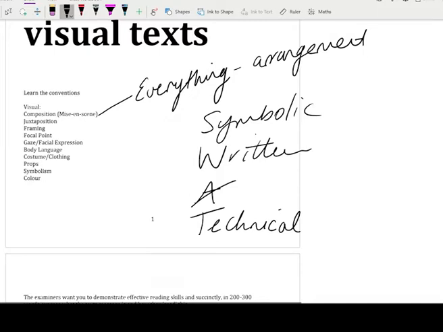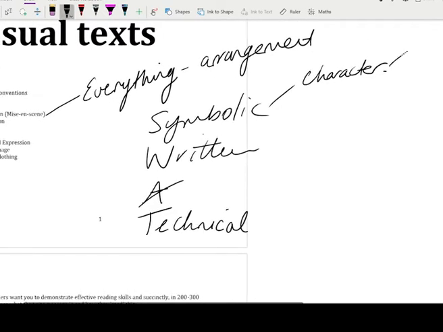So amongst symbolic codes, you have things like character. So even if it's a real person, we can still talk about them in terms of character. And then you've got to step that out to everything that character is doing.